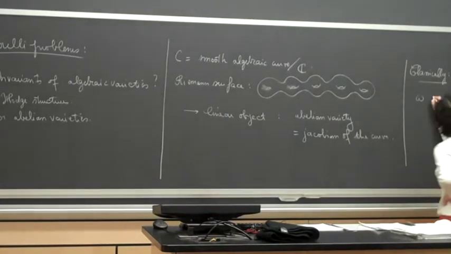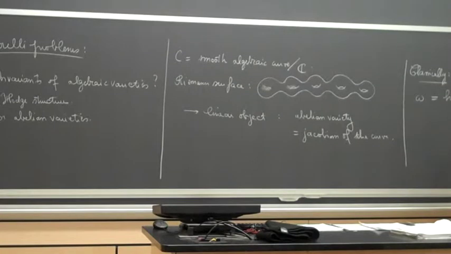Okay, now what's a differential form? I'm going to talk about holomorphic one-forms. And that means that locally, what does it look like? Locally, it looks like some holomorphic function times dz, where z is a local coordinate in a neighborhood of a point.